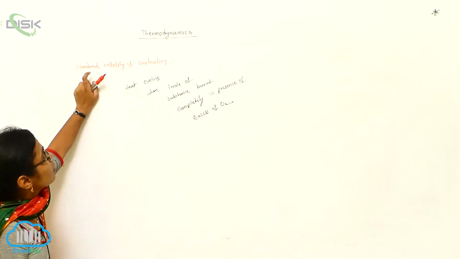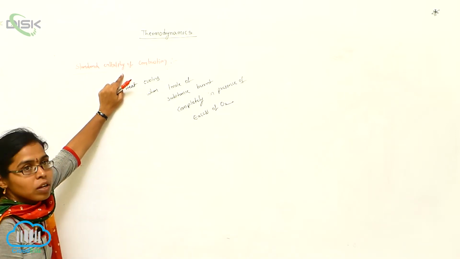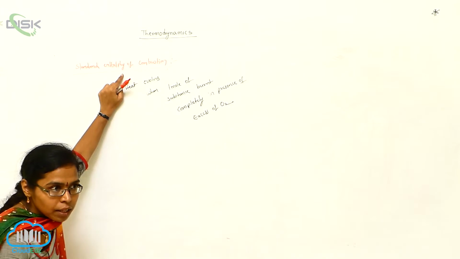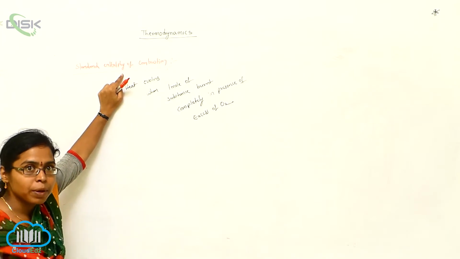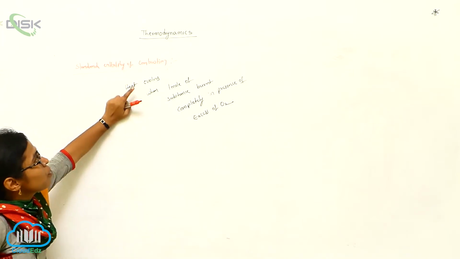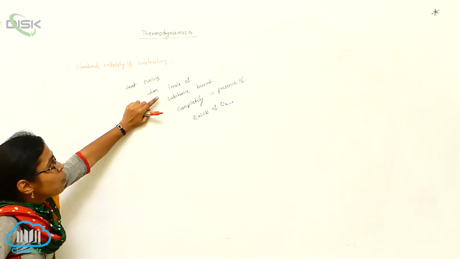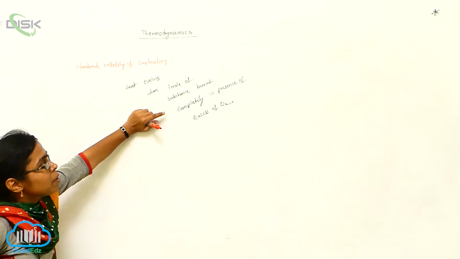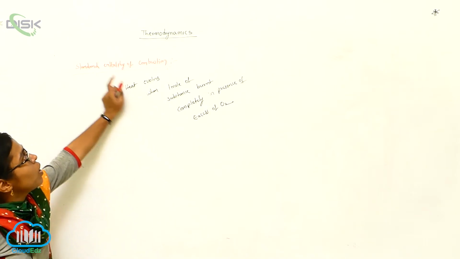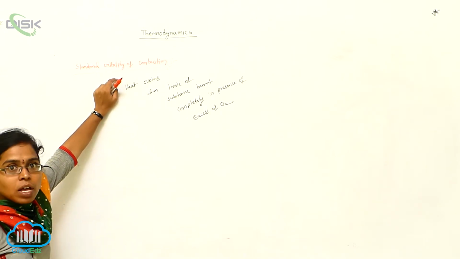So that is called the standard enthalpy of combustion. Normally enthalpy is nothing but releasing or absorbing energy, but in the combustion process heat always evolves. So whenever heat evolves when 1 mole of substance is burnt completely in presence of excess oxygen, that should be called the standard enthalpy of combustion.